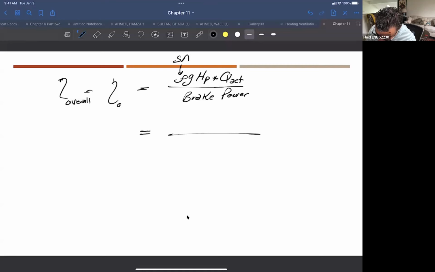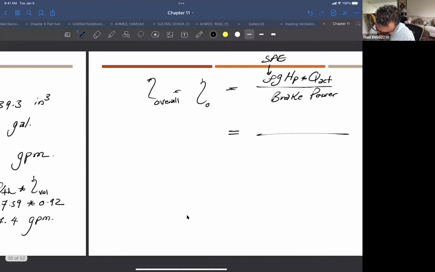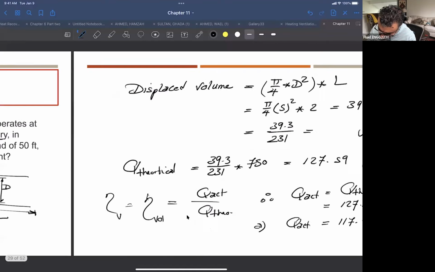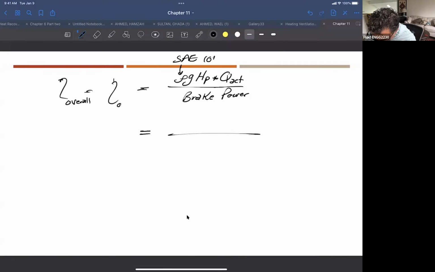Now, for rho, this is SAE 10W oil, I guess. So I can go to the table and find this property: 1.69 is your density. G here is in British units, so 32.2, times the head of the pump, given as 50 feet, times Q actual.